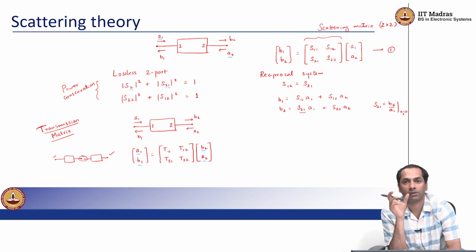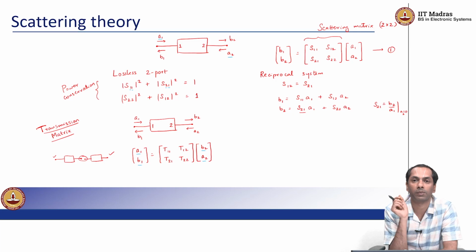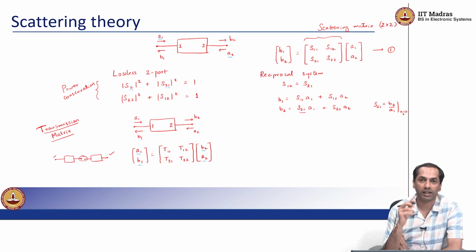Because of the way matrix multiplication works, moving to a transmission matrix formalism, where we look at signals going right and left, has some direct advantages.